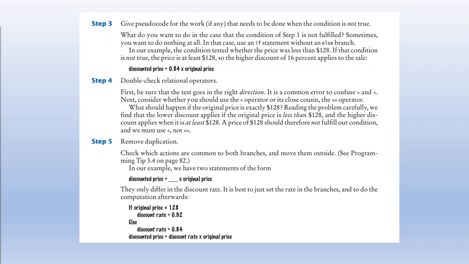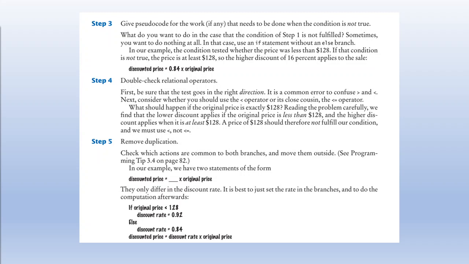We then pull the final calculation out of the if-else logic and do it after we have evaluated the if-else condition. So we will only enter into one if or one else from checking the original price versus the amount.